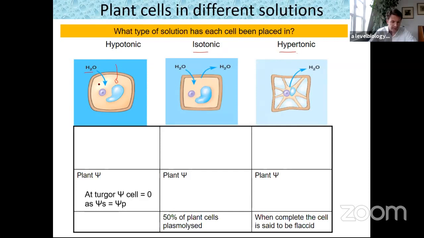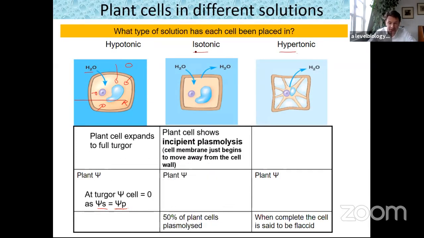Now, in the hypotonic solution, the water potential of the cell is going to have a large component of psi-p, because psi-p is pushing back onto the cell contents. So if the water potential of the distilled water was 0, psi P is going to equal psi S.